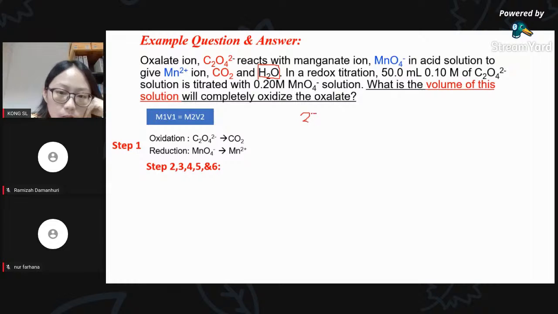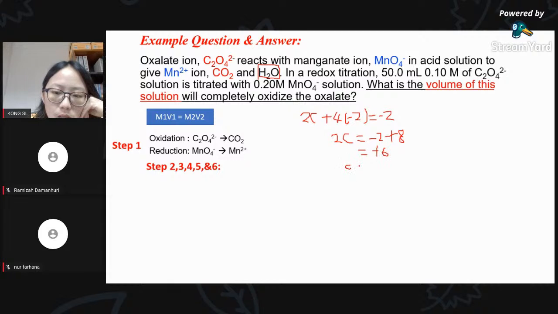So, 2C plus 4 times negative 2 equal to negative 2. Atau orang bubuk X, Y, Z, up to you, terus pakai C je. So 2C equal to negative 2 plus 8. Sementara madam buat ni, you all pergi cuba buat balance.